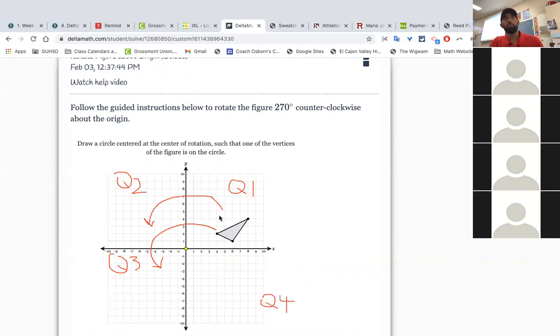Okay. So again, if I go straight from here, from one quadrant to the next one over, that's 90 degrees. Oh, this is terrible. Sorry, my handwriting. If I go not only to the next one, but the next one over that, that's 180 degrees.